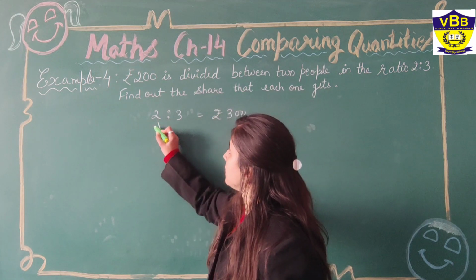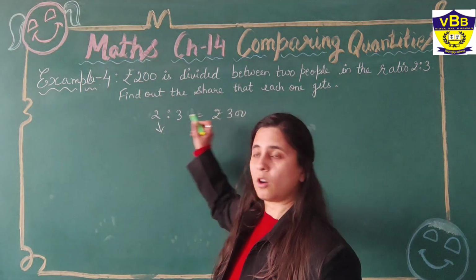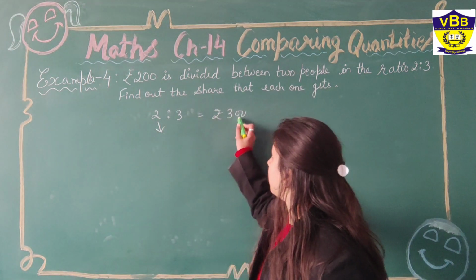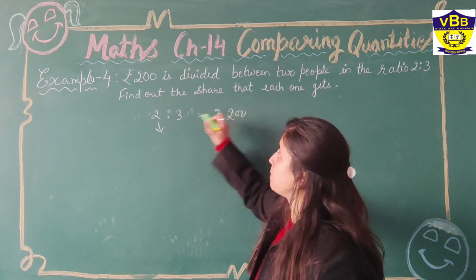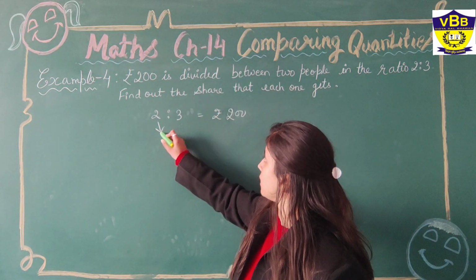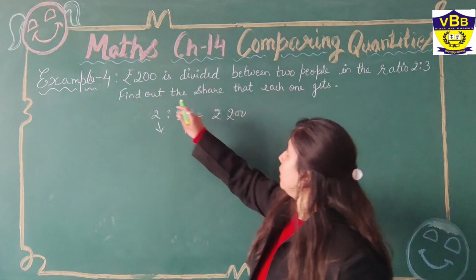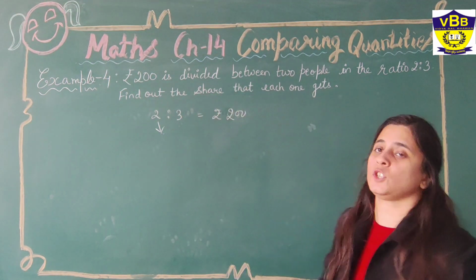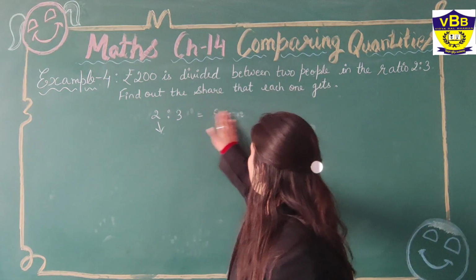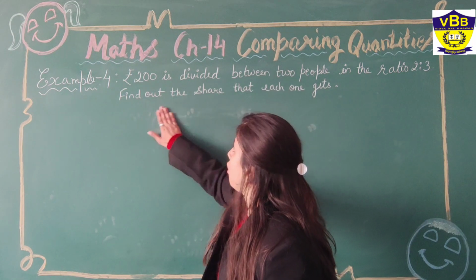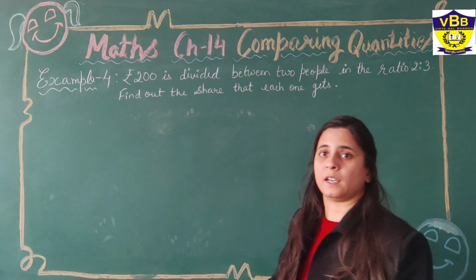That means the first person has got twice and the other person has got thrice part of rupees 200. We have to find how much each one gets. How much amount each person has got. We need to find that.